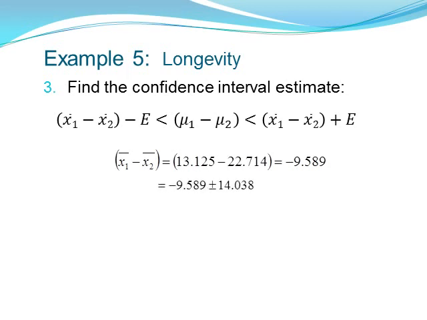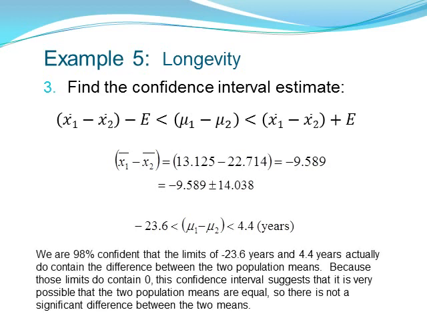The confidence interval comes from taking that number and adding and subtracting the margin of error. So I have negative 9.589 plus or minus 14.038. This gives me a range of values from negative 23.6 to 4.4 years. So we are 98% confident that the limits of negative 23.6 years and 4.4 years actually do contain the difference between the two population means.